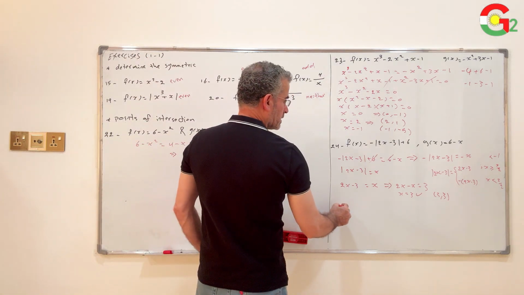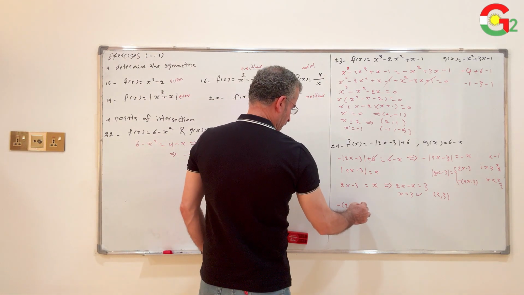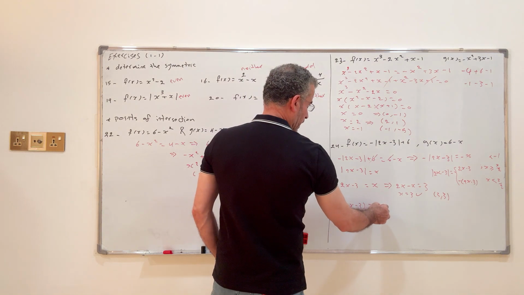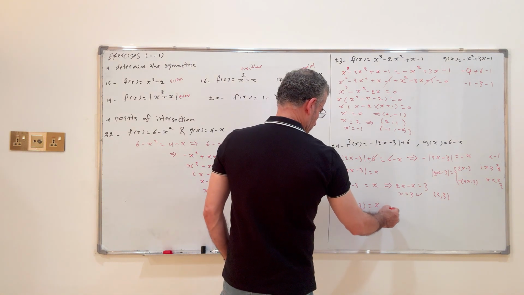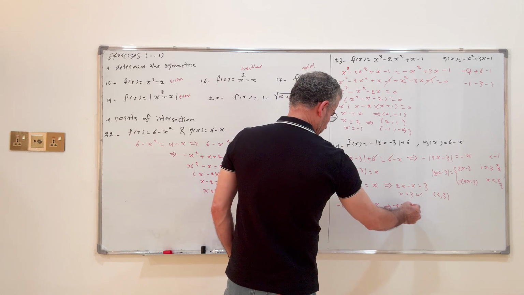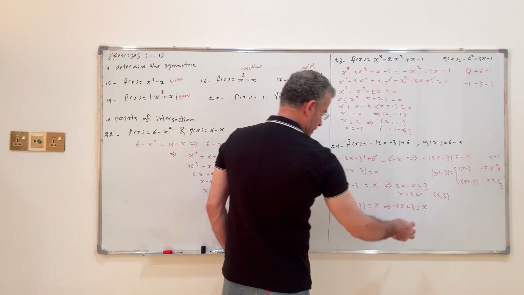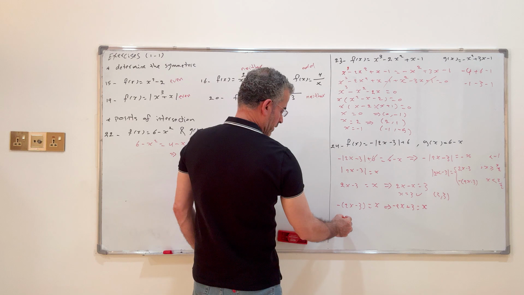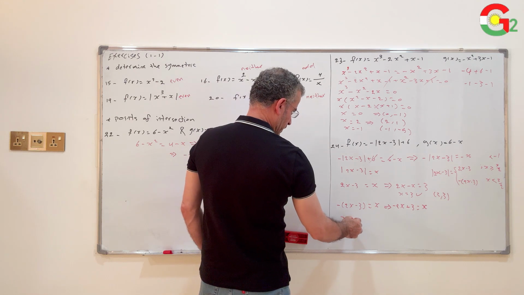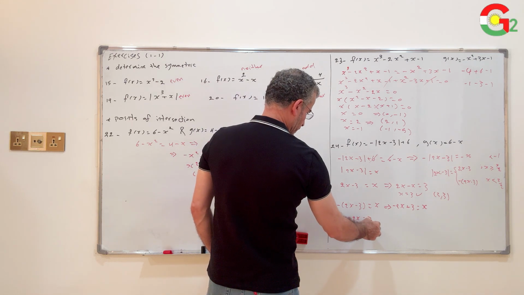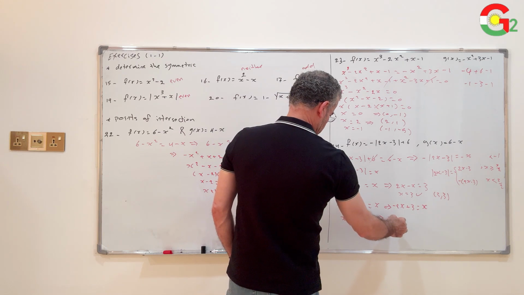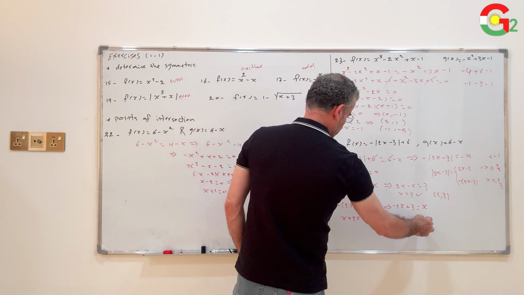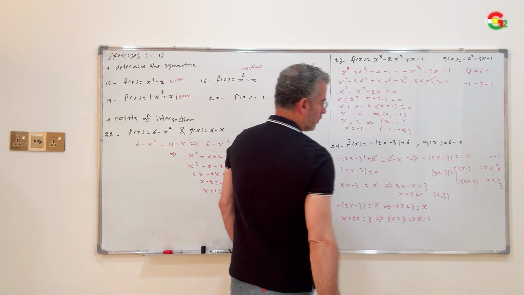For the other case, negative 2x plus 3 equals x. Then x plus 2x equals 3, 3x equals 3, then x equals 3 over 3, 1.